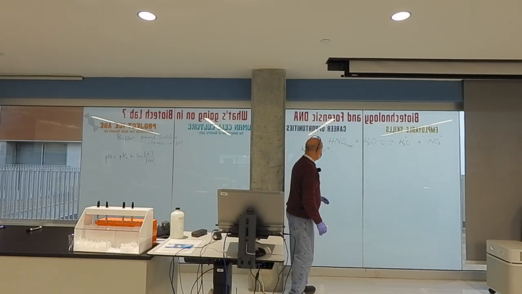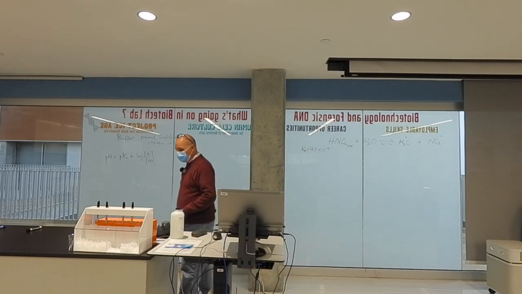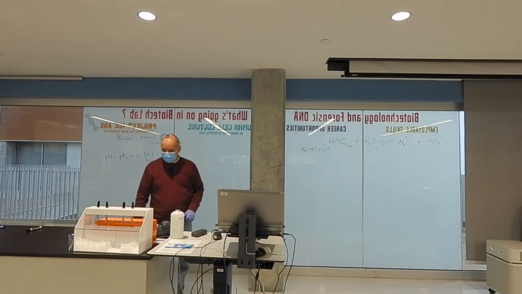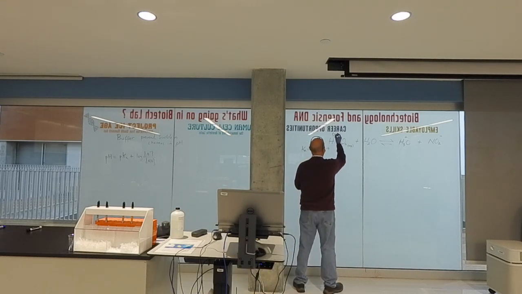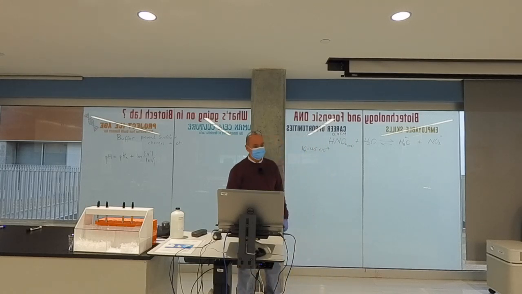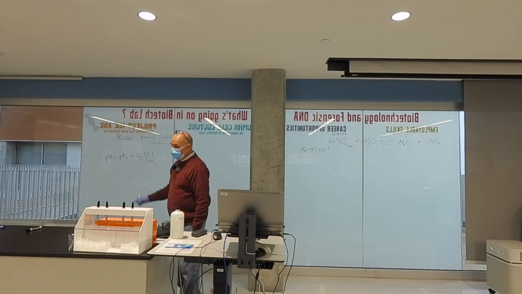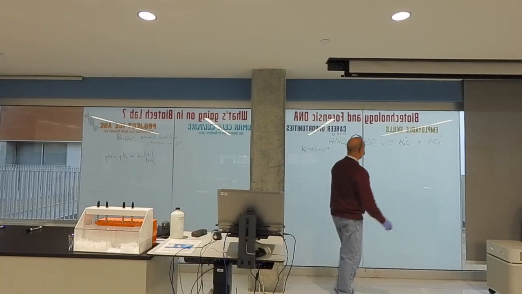Now with that, let's say that we want to calculate the pH of a solution that starts with 0.45 molar HNO2, and it also starts with 0.4 molar NO2 minus.